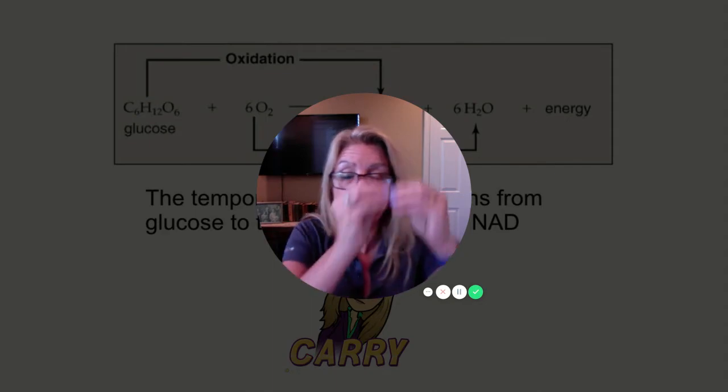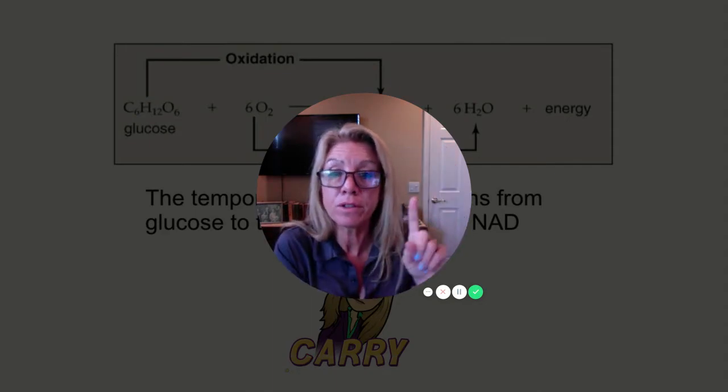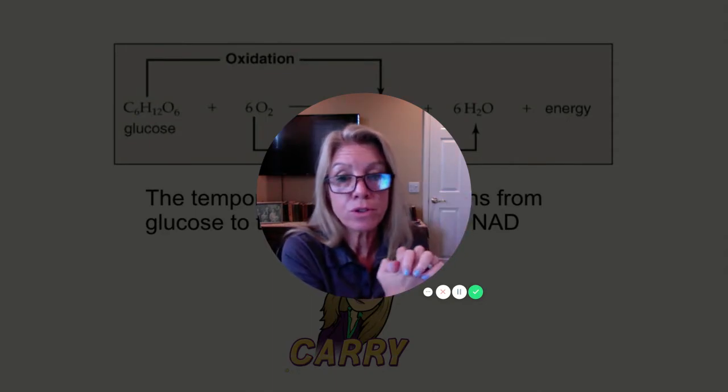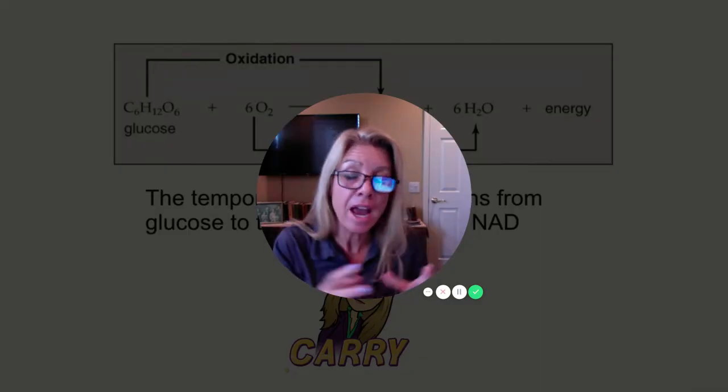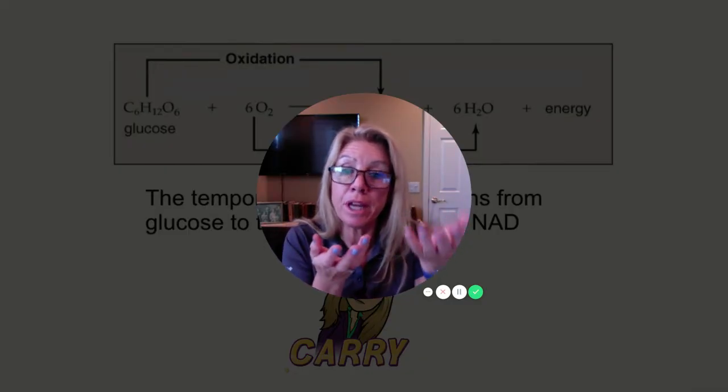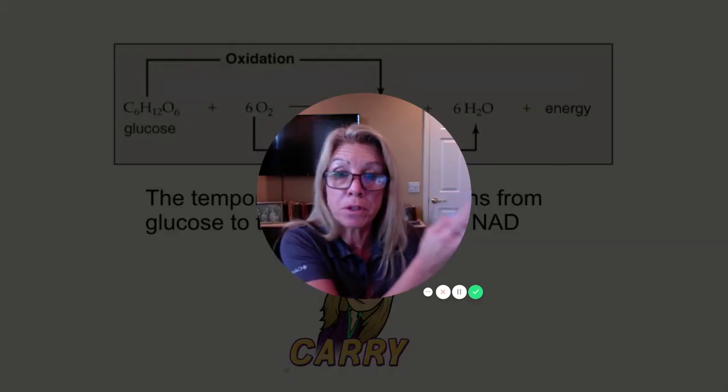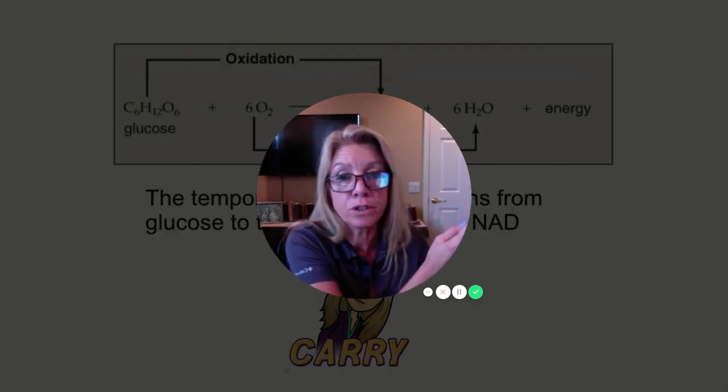Then we excited those electrons a second time in photosystem 1, and then you reduced your NADP, and then you could use both the ATP and the reduced NADP to form your glucose, to reduce your CO2 into sugar.